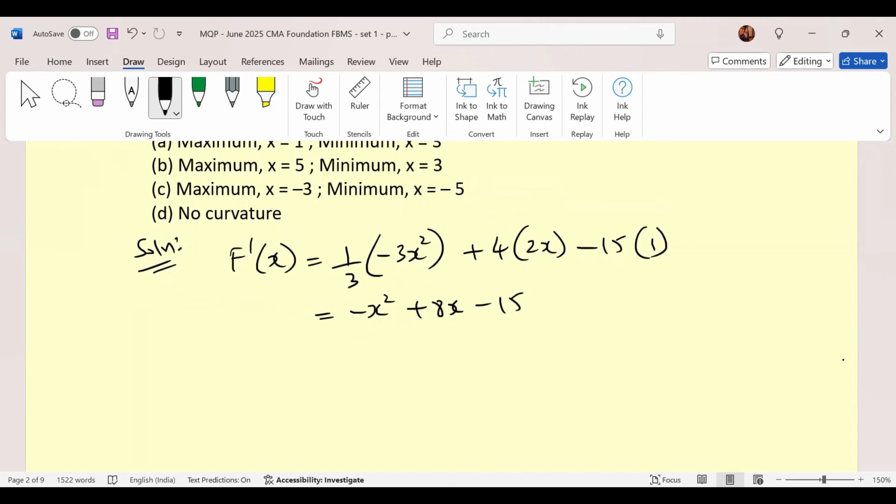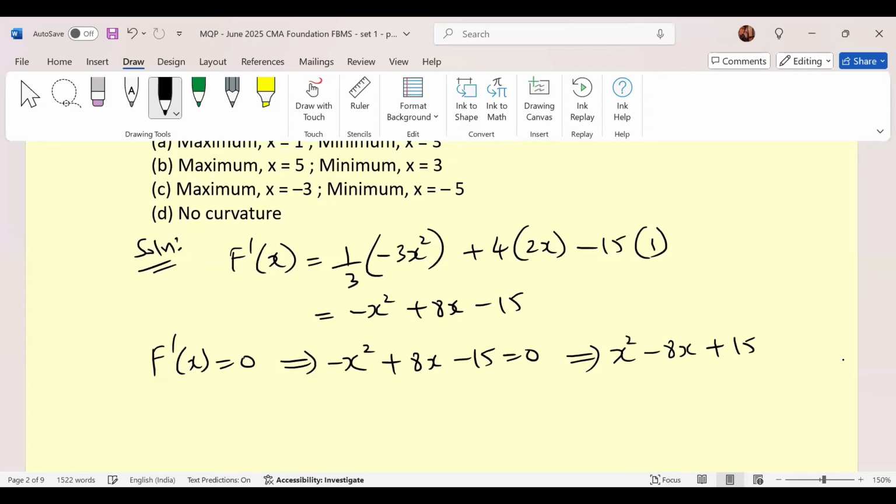And then we need to equate f dash of x equal to 0, means negative x square plus 8x minus 15 equal to 0. I will multiply both sides by negative 1. We get x square minus 8x plus 15 equal to 0.